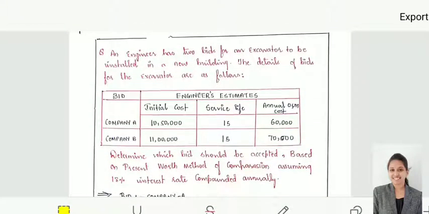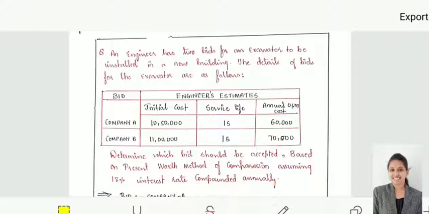Here an engineer has 2 bids for an excavator to be installed in a new building. The details of the bids are as below. Here company A and company B, so which one do you have to select? The details are given as initial cost, service life and annual operation and maintenance cost. The initial cost for company A is 10,50,000, whereas for company B it is 11 lakhs.